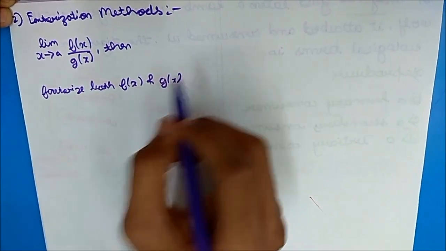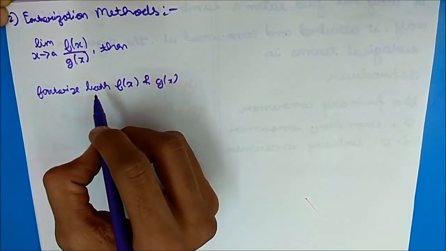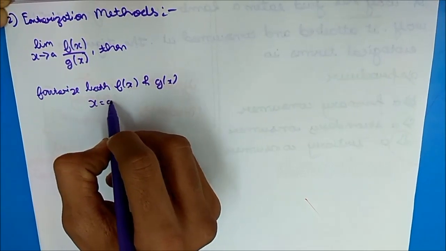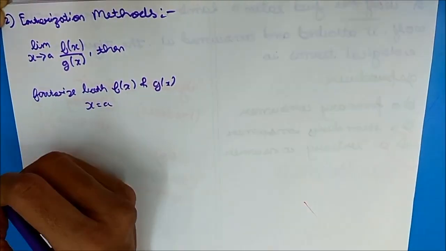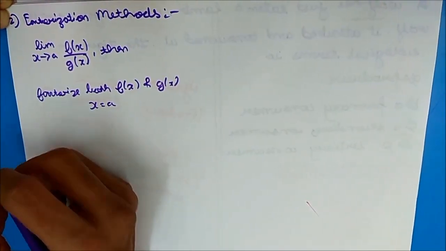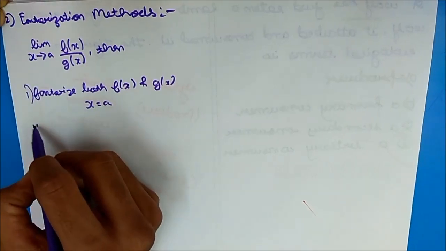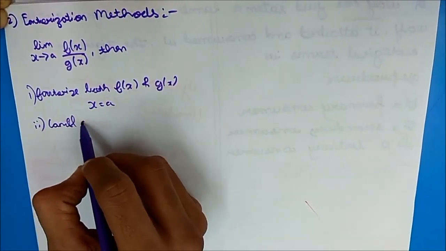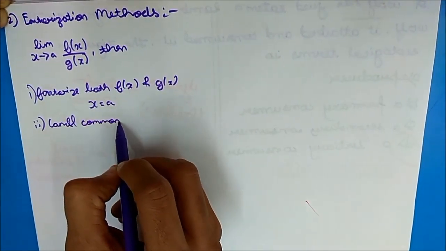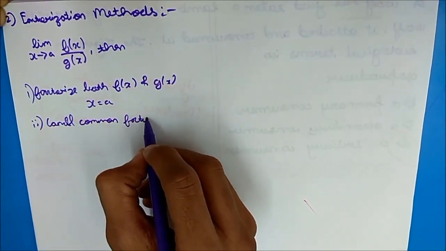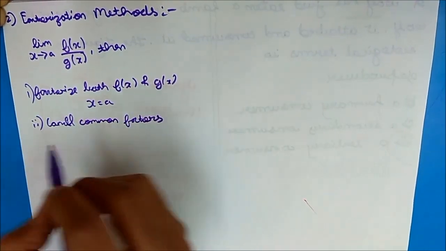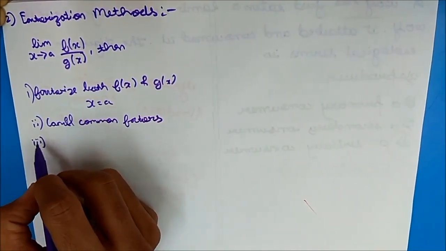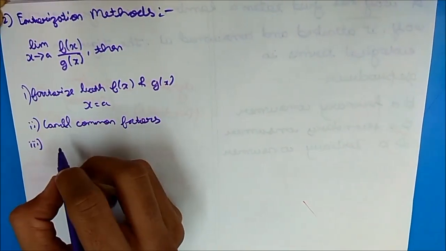Whenever substitution x is equal to a gives the intermediate form, cancel out the common factors by stating the reason. Then substitute x is equal to a in the remaining expression and evaluate the limit.